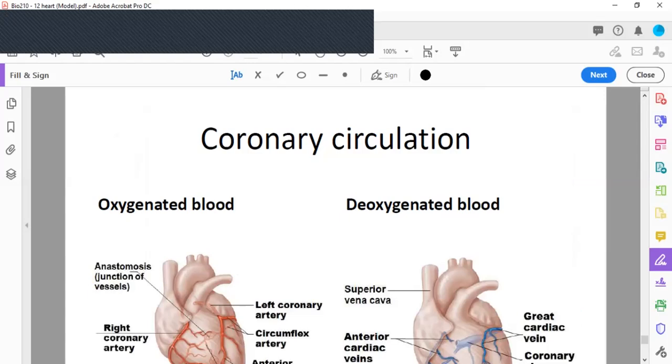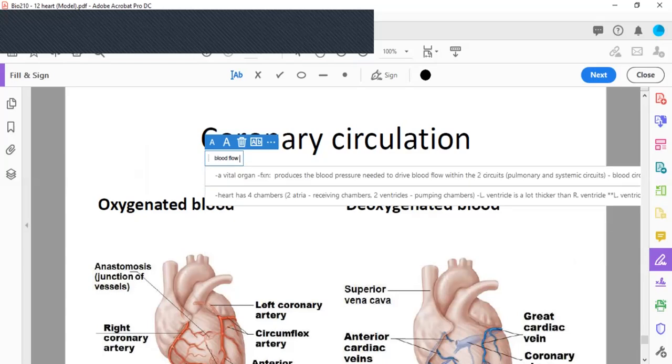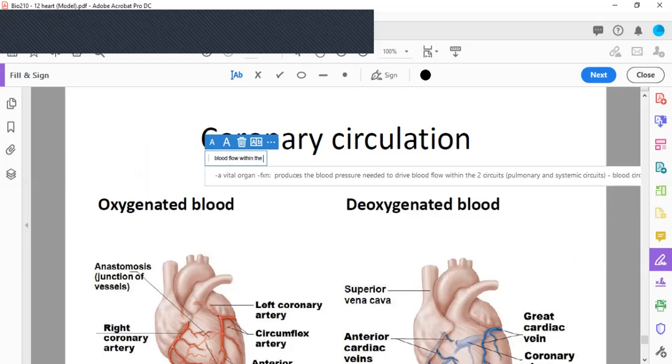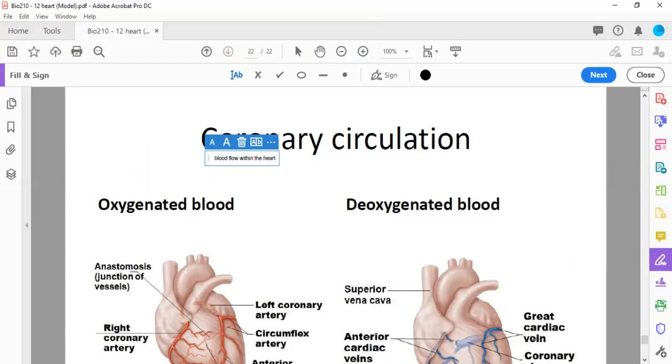Coronary circulation. What that means is blood flow within the heart. The muscles of the heart require oxygen, so you have blood flow into the muscles of the heart and blood flow away from the muscles of the heart.